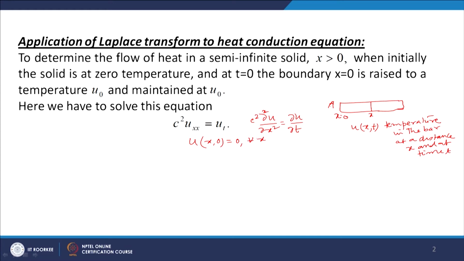At time t equal to 0 the temperature is 0, and the boundary condition is that x equal to 0 is raised to a temperature u naught and maintained at u naught. So, u 0 t is equal to u naught for all time t. So, this is the initial condition, and we have this as a boundary condition.